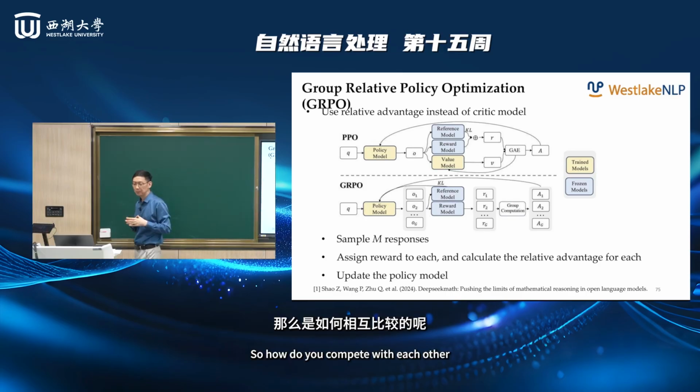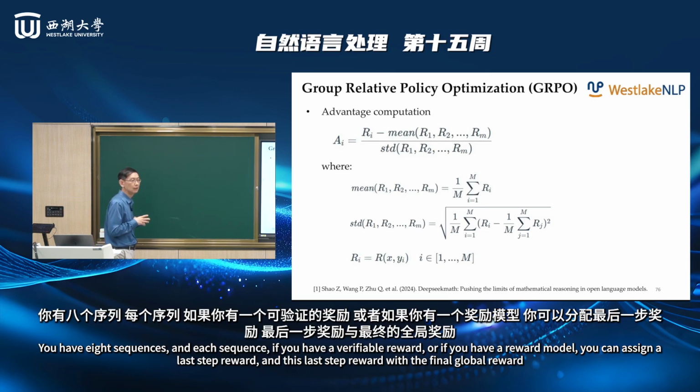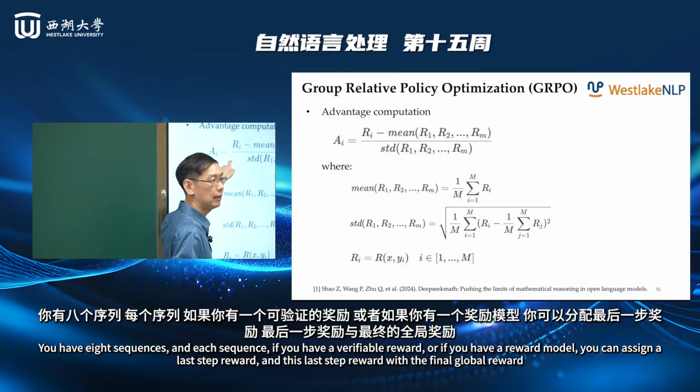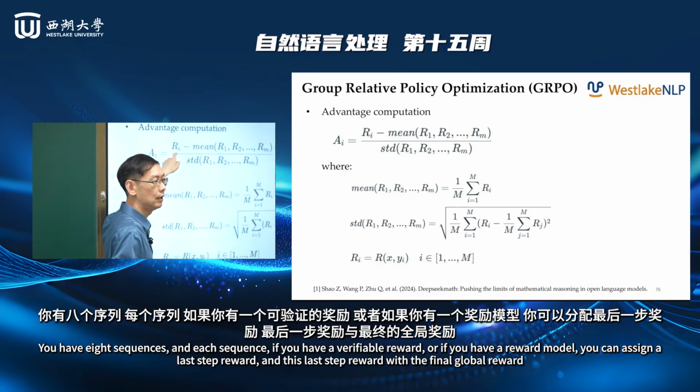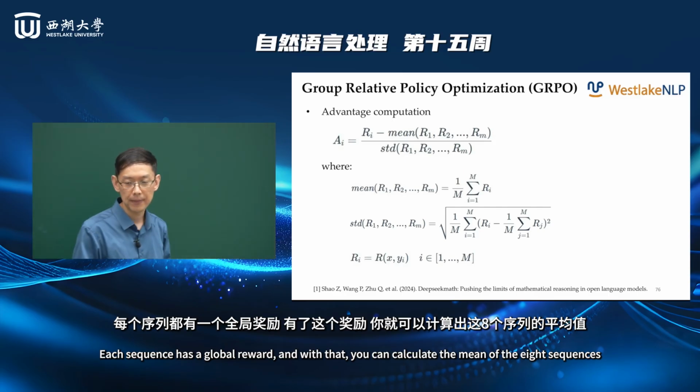So how do you compete with each other? You have 8 sequences, and if you have a verifiable reward, or if you have a reward model, you can assign a last step reward. And this last step reward will be the final global reward. Each sequence has a global reward.